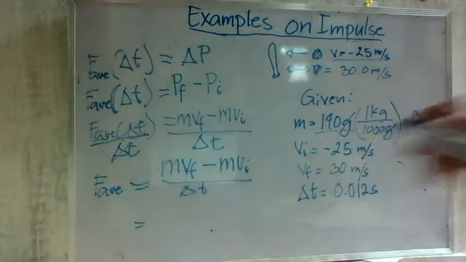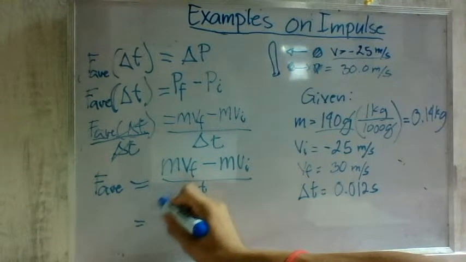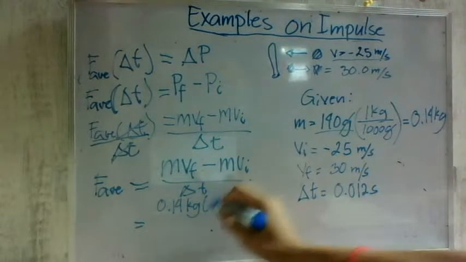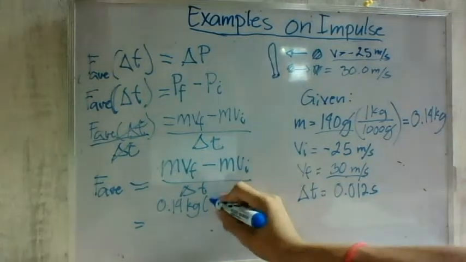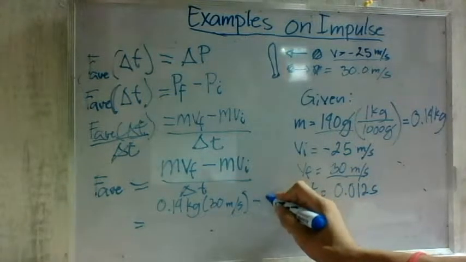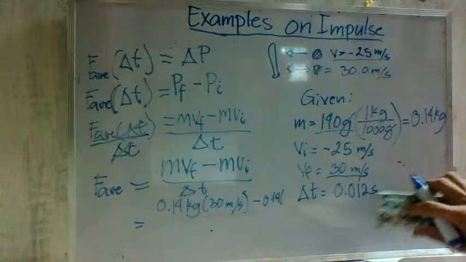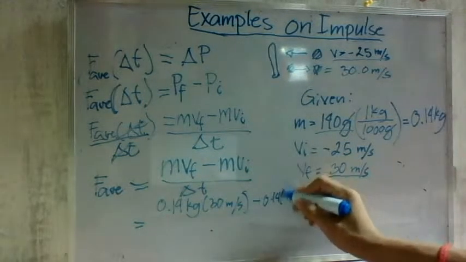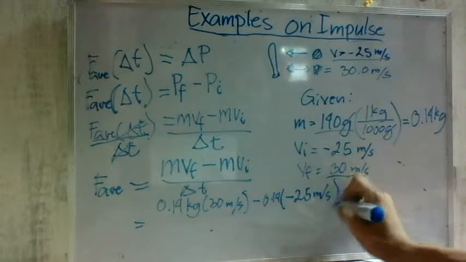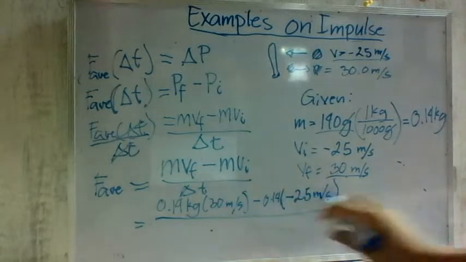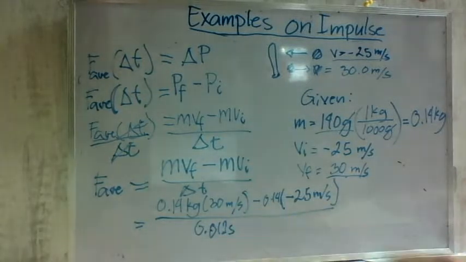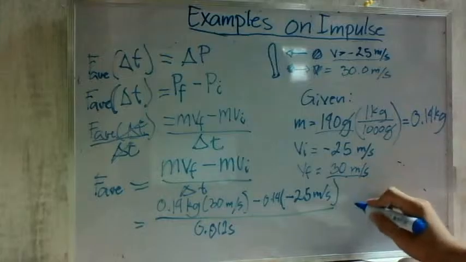So input nato atong mga given, natay 0.14 kilogram times velocity final kani positive 30 meters per second minus 0.14 times velocity initial na negative 25 meters per second over the change in time na 0.012 seconds. So, gamitan na itong calculator.